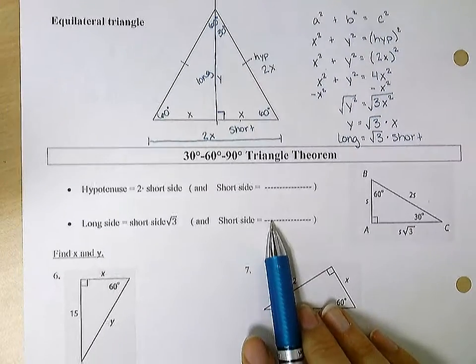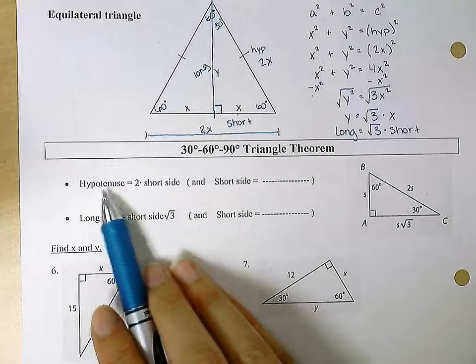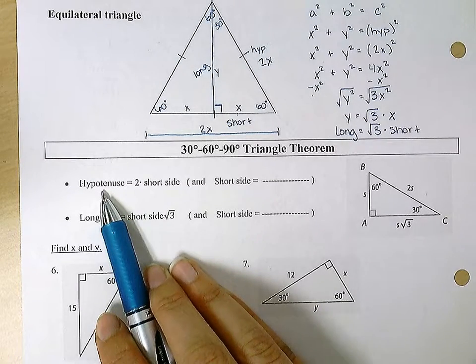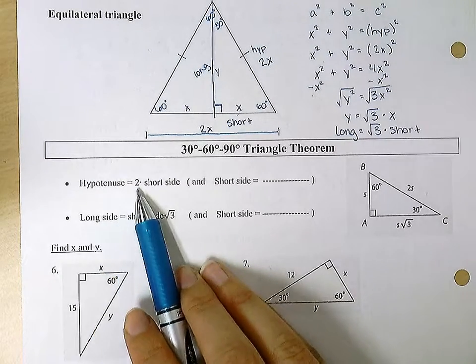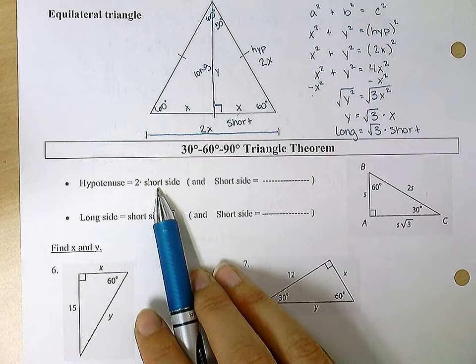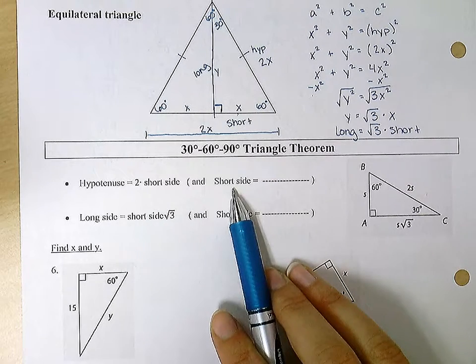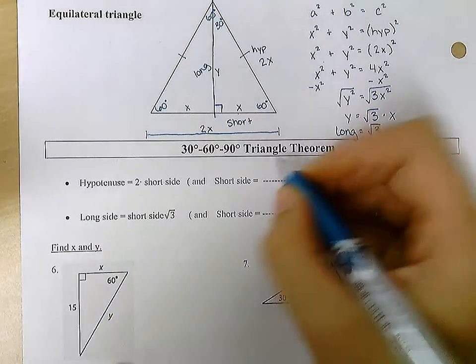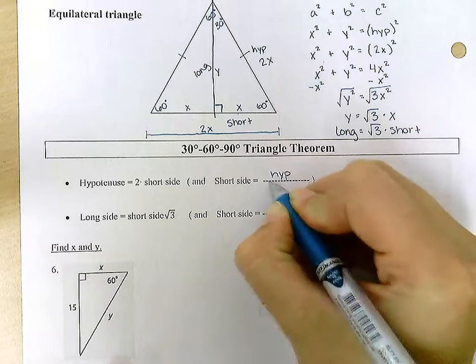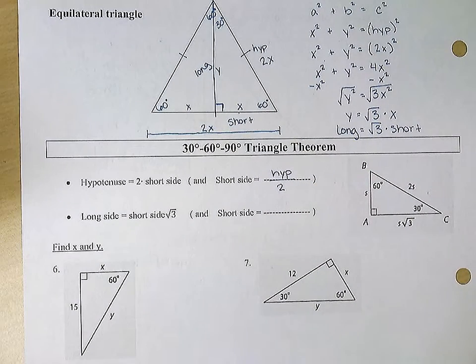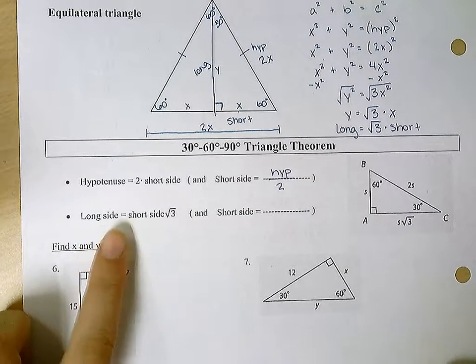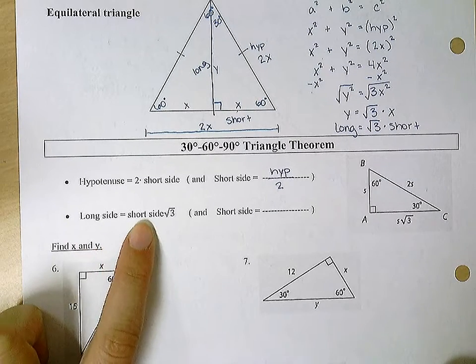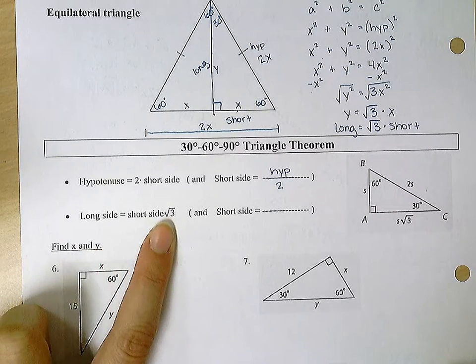Down below here, I do have the rules for you. To find the hypotenuse of this type of right triangle, you're going to take 2 times the short side. If you want to find the short side and you're given the hypotenuse, you're going to take the hypotenuse and divide it by 2. The long side, which we just found, is equal to the short side times the square root of 3.